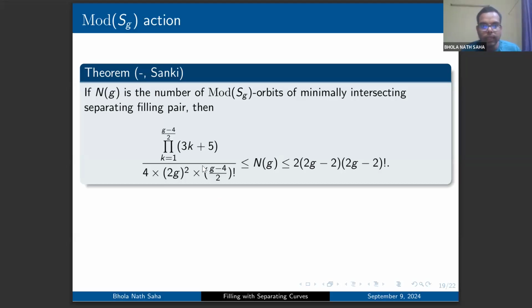Now, as in the case of minimally intersecting filling pairs, the mapping class group also acts on the set of minimally intersecting separating filling pairs, and we have shown that the number of orbits of this mapping class group action satisfies this inequality.